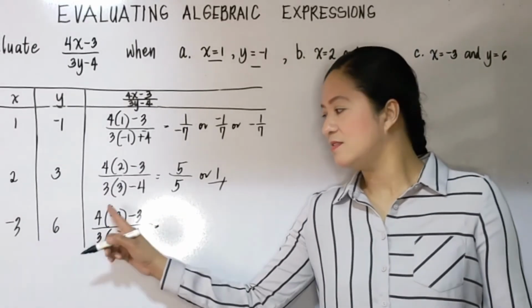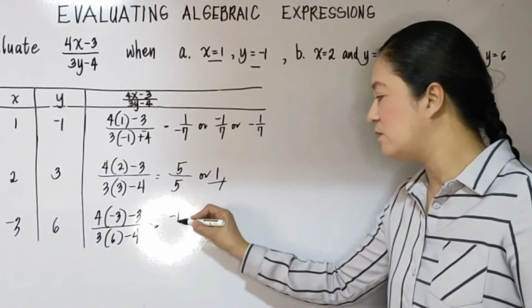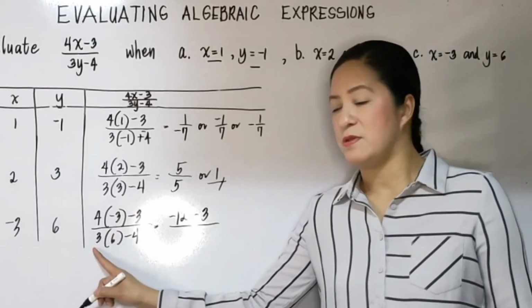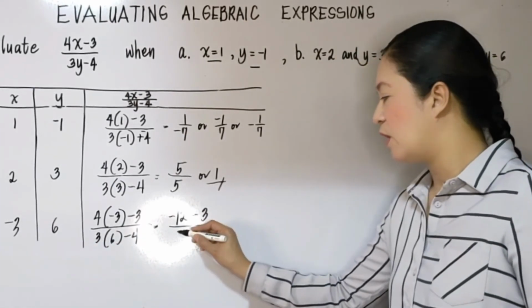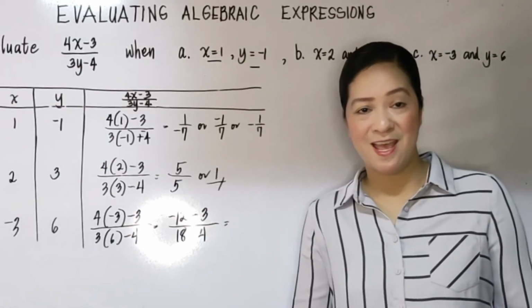So, what is 4 times negative 3 equal to? Okay, that's negative 12 minus 3 over 3 times 6 is 18 minus 4. So, 18 minus 4. So, ayan, pinahaba natin.